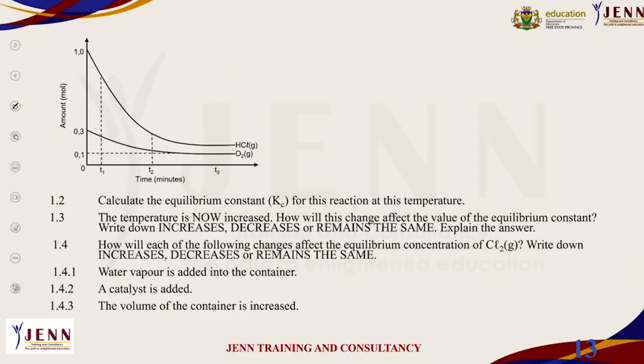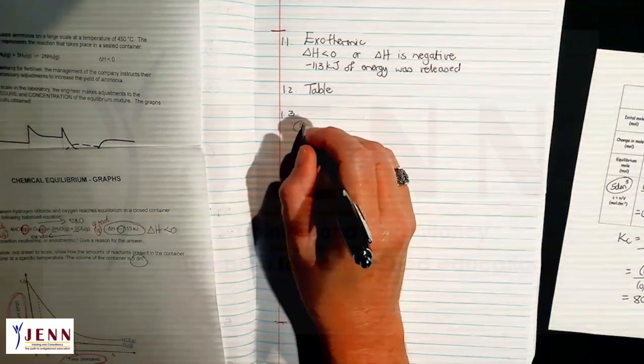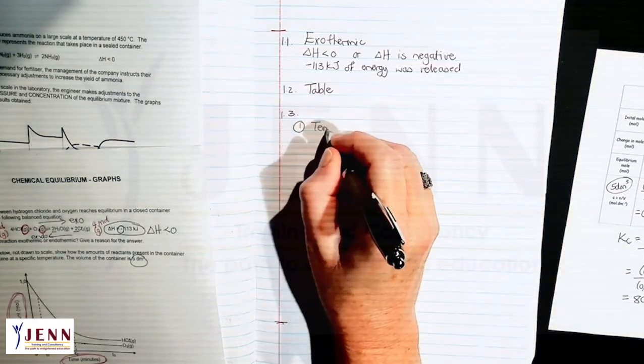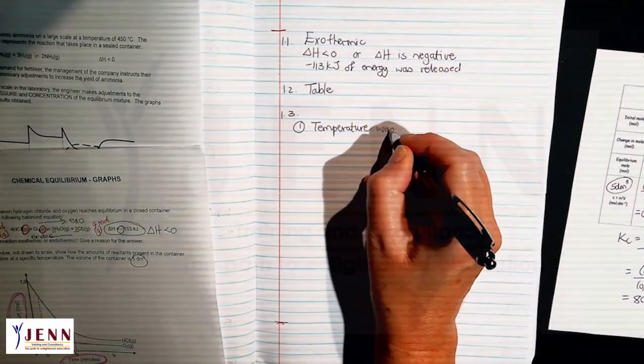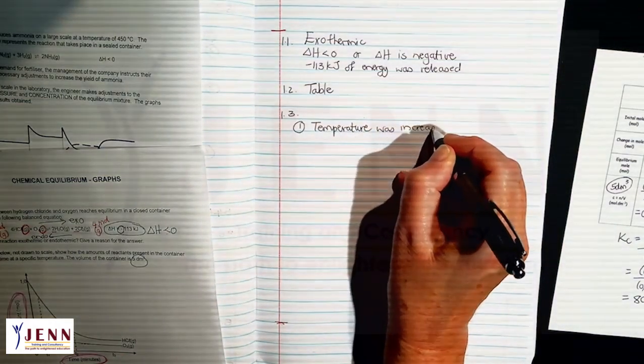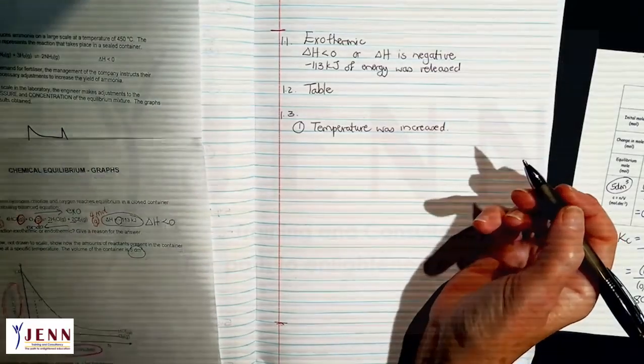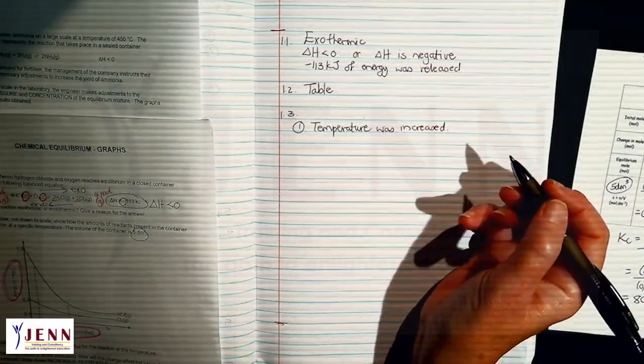So I must leave a space open. So now I go to Le Chatelier's principle and I say the temperature was increased. Okay, so I won't get a mark for that because they told me that.